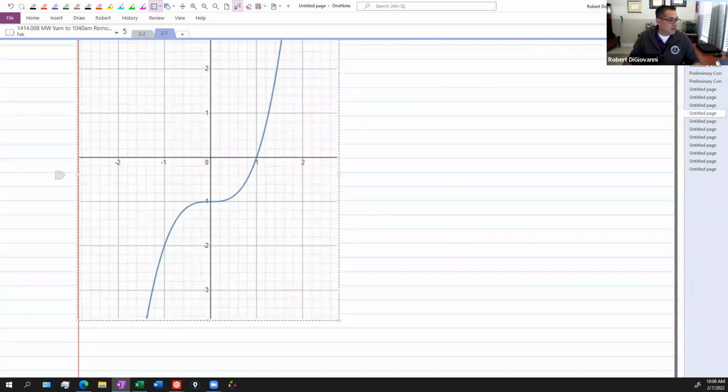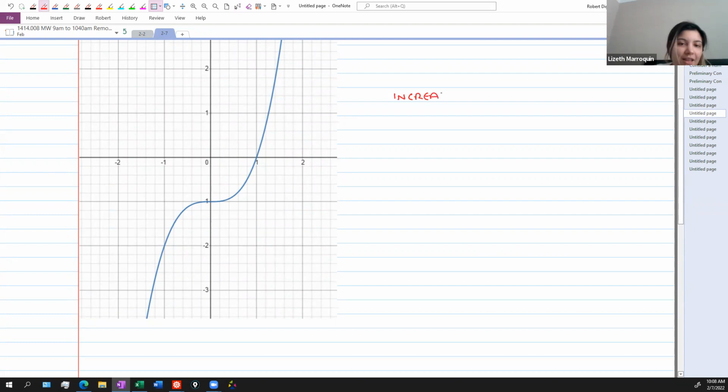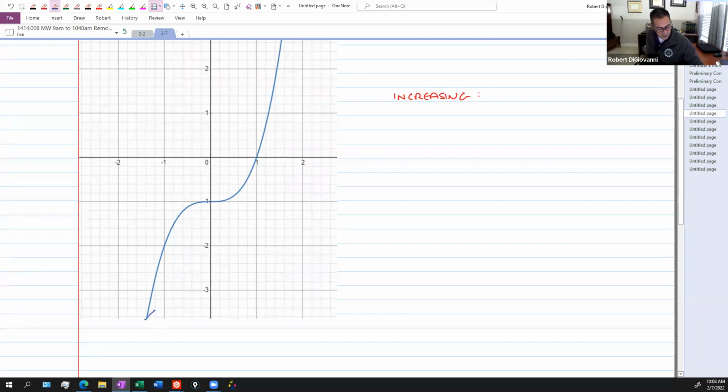So I will start here with, let's see, Jose just went. How about Lizeth? Increasing. Increasing. And by the way, these are arrows. So the graph goes down, keeps going down, and keeps going up.